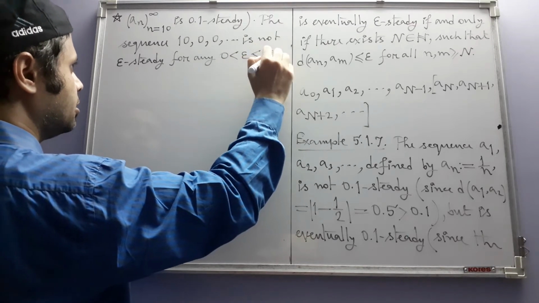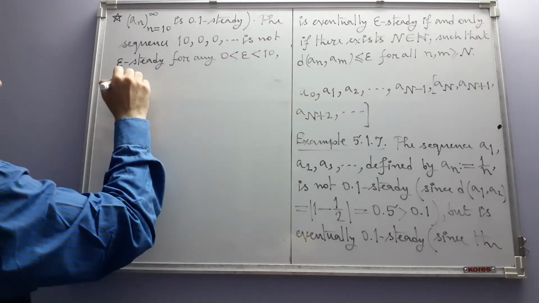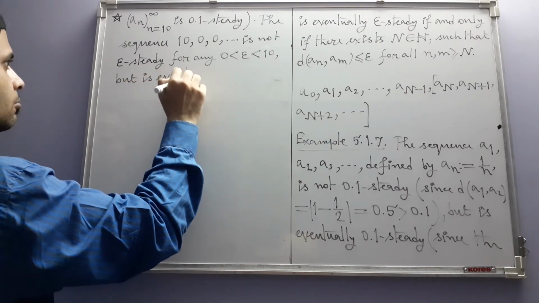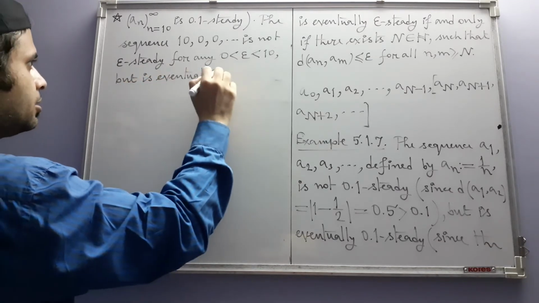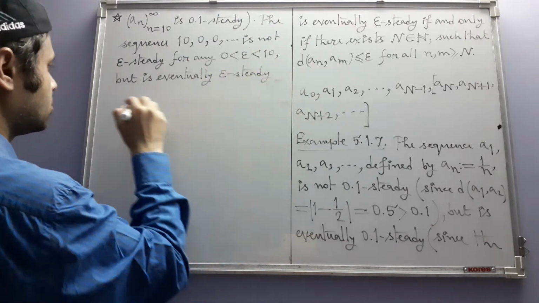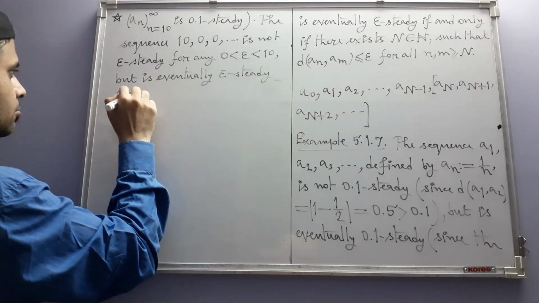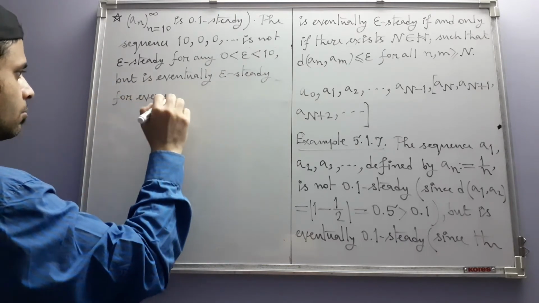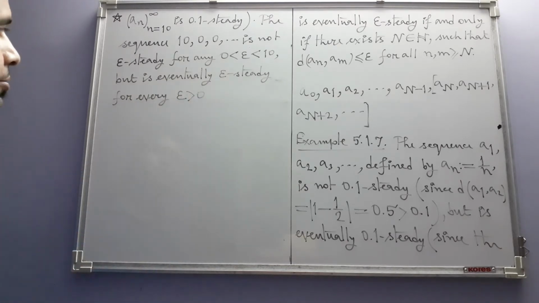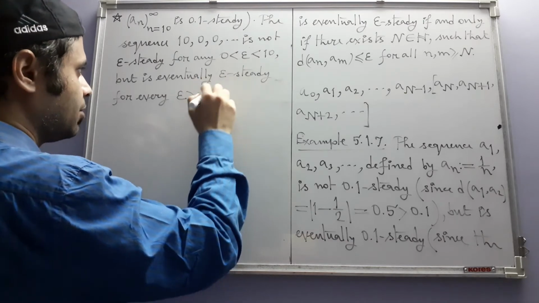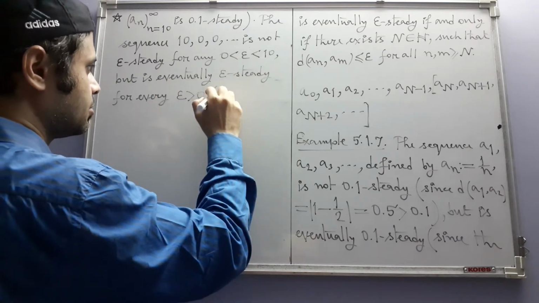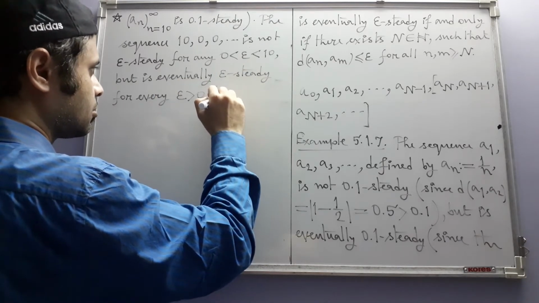This we have already seen, but it is eventually epsilon steady for every epsilon greater than 0. See, that's the point. That's the advantage of defining this notion of eventual epsilon steadiness.